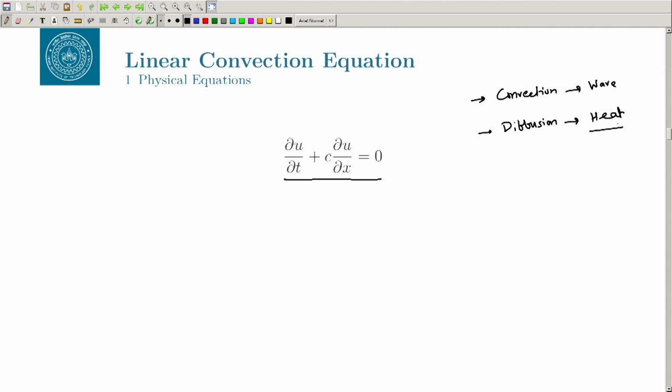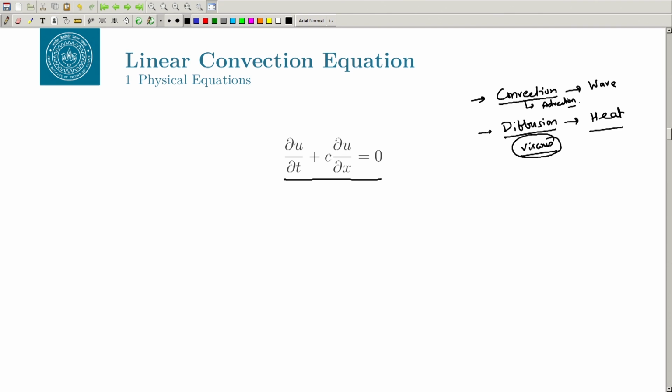These two equations have played a big role in devising schemes which can be used for the Navier-Stokes equations, because the viscous term emulates the diffusion process, and your advection term, because you have the partial u by partial x there, is dictated by the convection equation, although it is a non-linear convection.